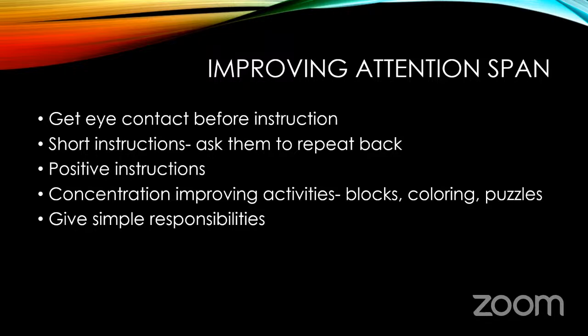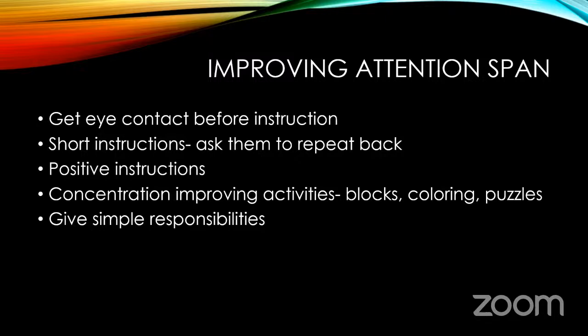What this means is when a child is, say, jumping on the bed, a mother usually says, don't jump on the bed. The child will go and roll on the floor. The mother will say, don't roll on the floor. Then the child goes and bangs the table. The mother says, don't bang on the table. In this process, both the mother and the child are getting frustrated, because the mother thinks that the child is not listening to her, while the child thinks, I'm listening to her, because she told me not to jump, and I stopped jumping.